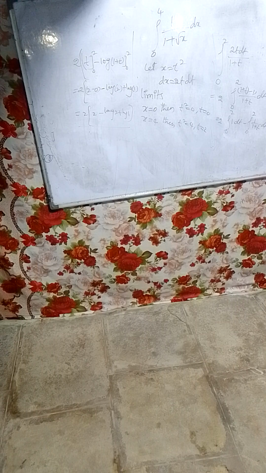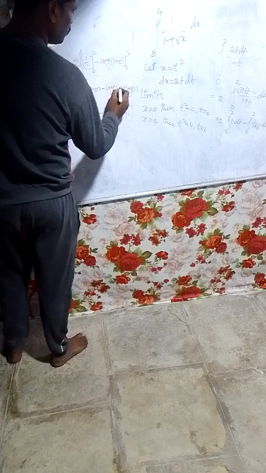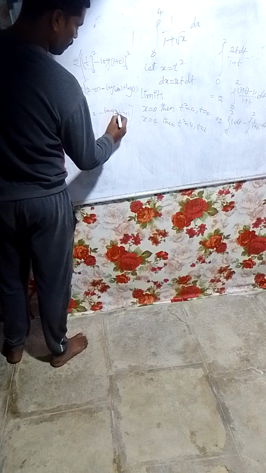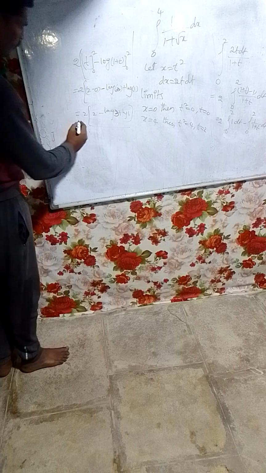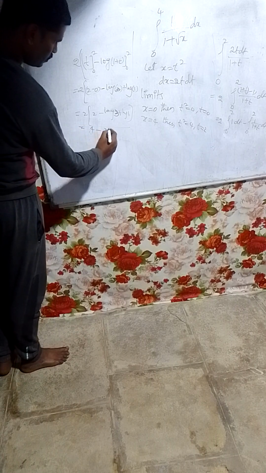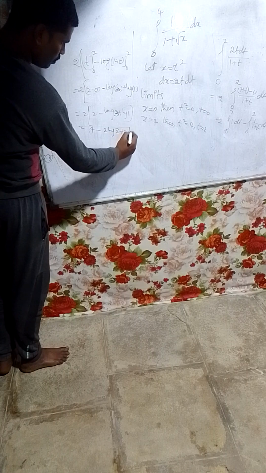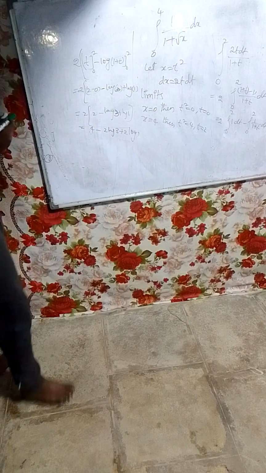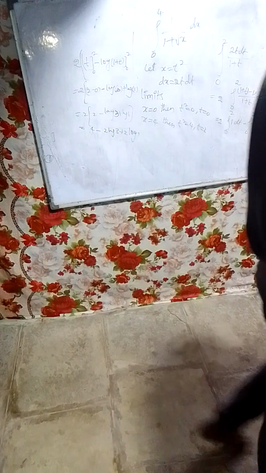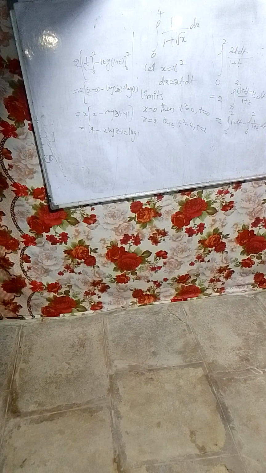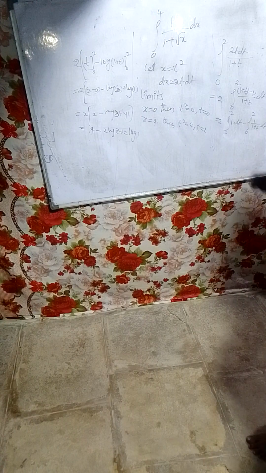Limits are 0 to 2. Upper limit 2, 2 minus 0, lower limit 0. Log 1 plus 2 is log 3. 2 twos are 4 minus 2 log 3 plus 2 log 1. Log 1 equal to 0 if you apply it, then the answer changes.